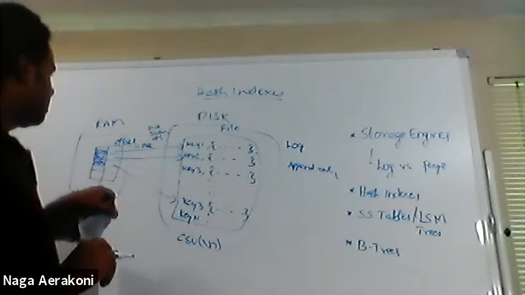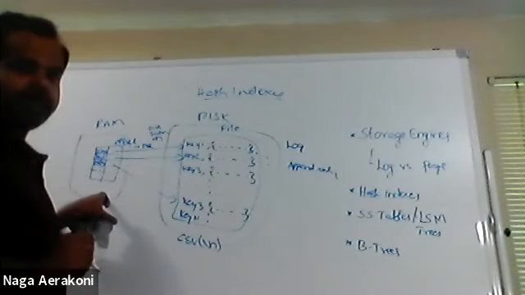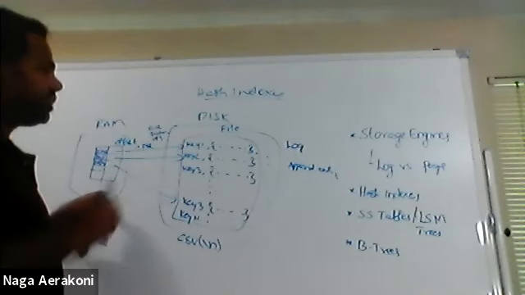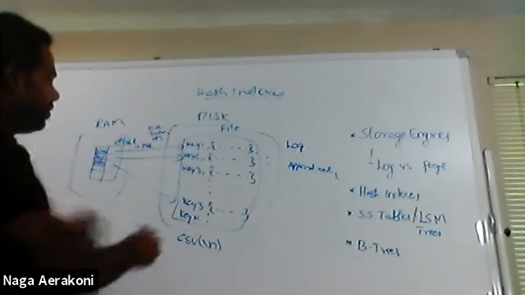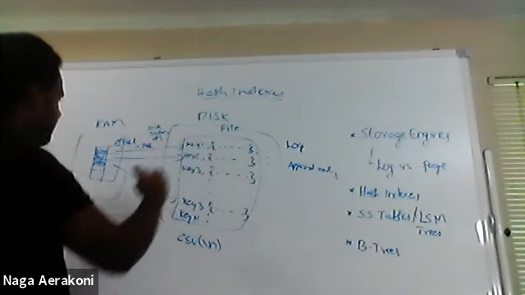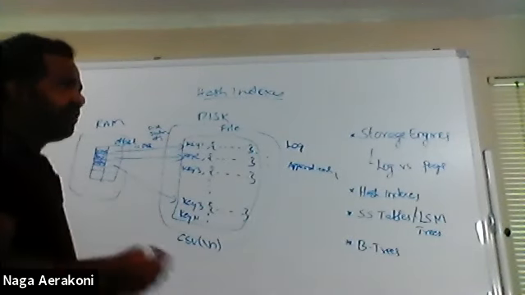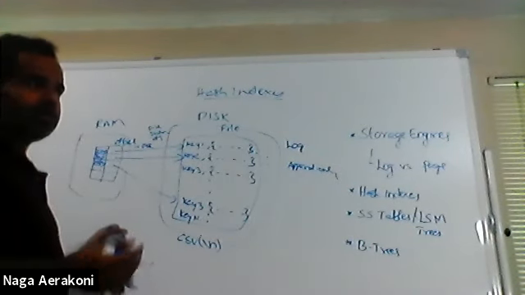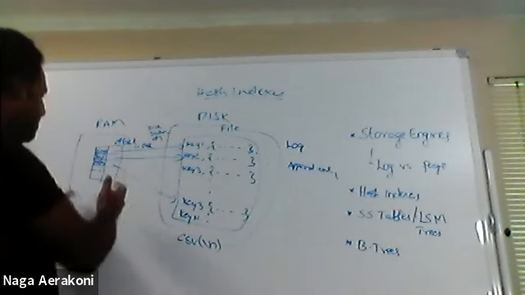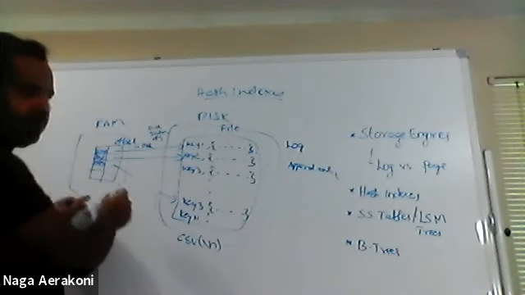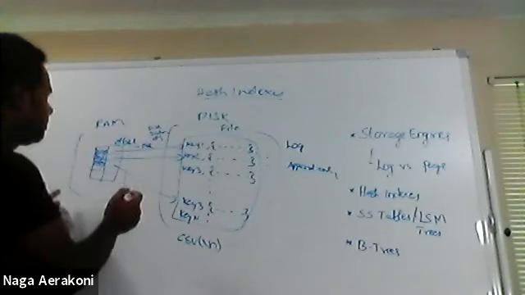The only requirement for these hash indexes is about your key size. If you have 1 billion keys, and those keys are small in size, and you can fit all those keys into your memory, that's the only requirement.